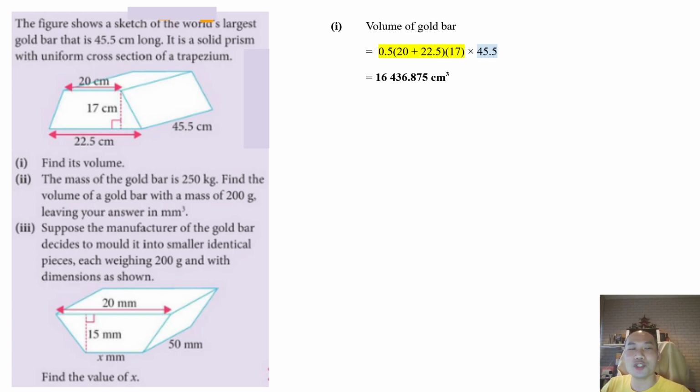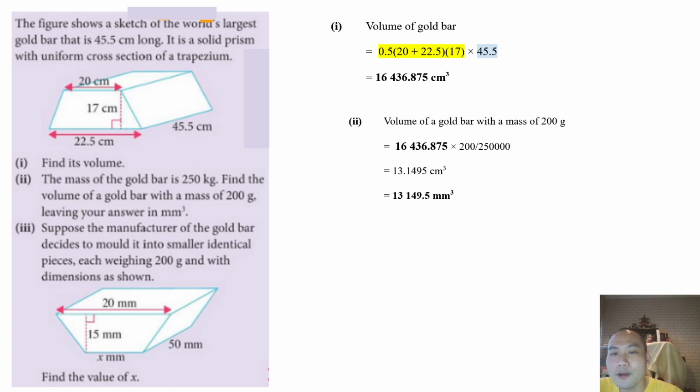So we need to convert the kilogram to gram so that the two units match up, in order for us to apply the concept of proportionality to answer this question. This is a straight up question on proportionality, which is one of the big ideas of mathematics. Look at my solution: we have the volume of the gold bar for the 250 kilogram, which we got from part 1.